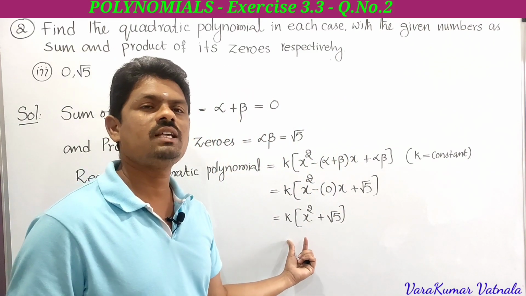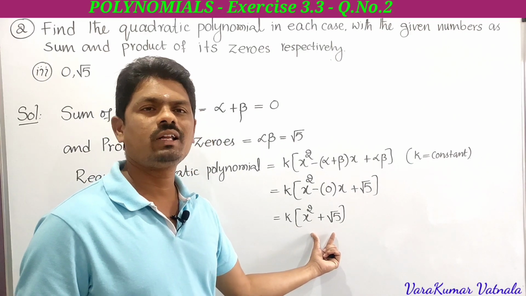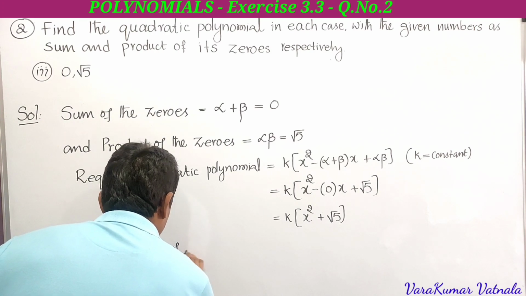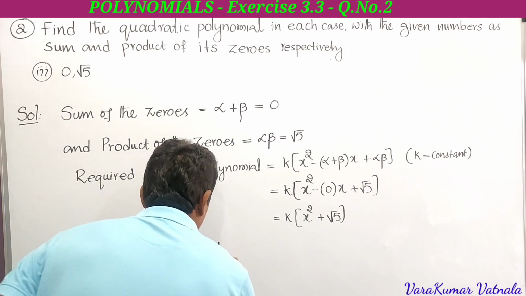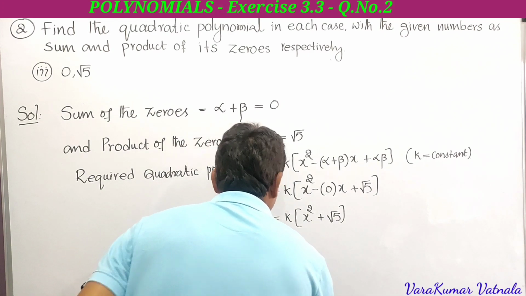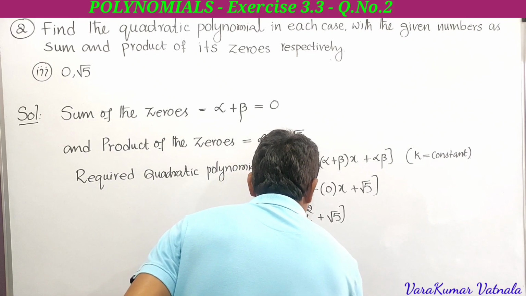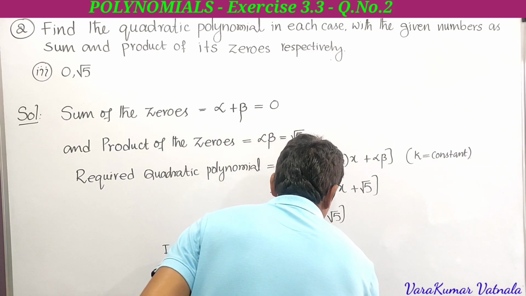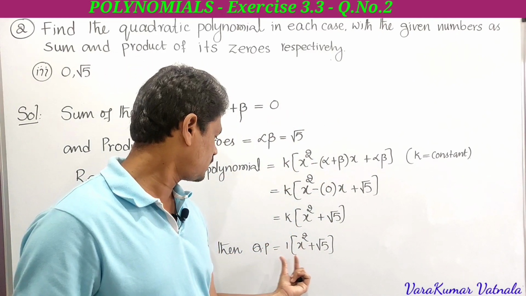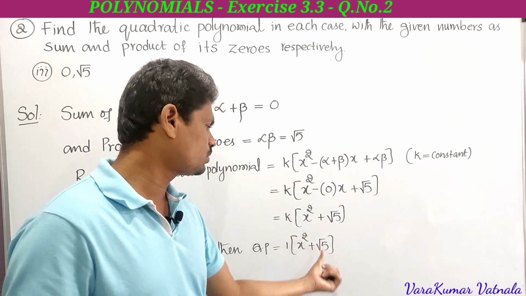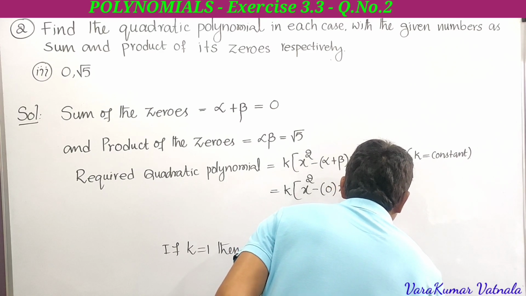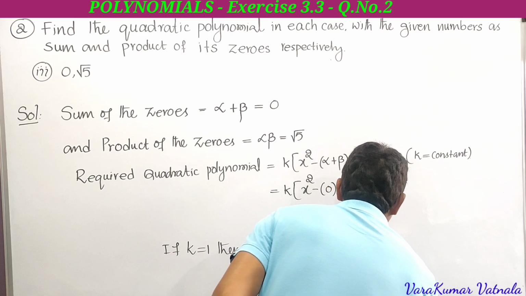So if we substitute k is equal to 1, then the required quadratic equation is x square plus root 5. So if k is equal to 1, then quadratic polynomial is equal to 1 into x square plus root 5, which is equal to x square plus root 5.